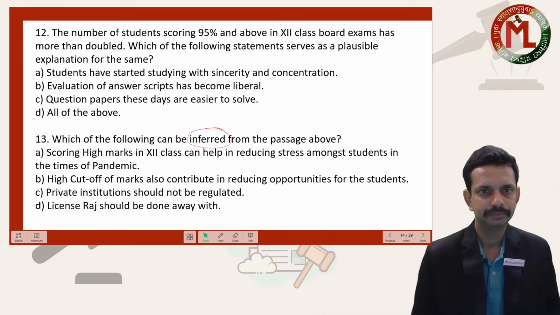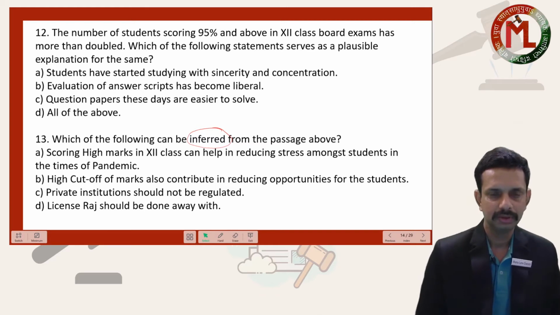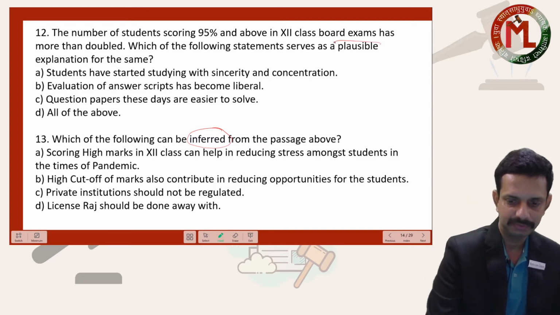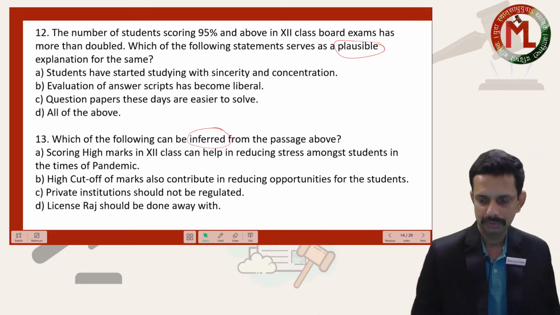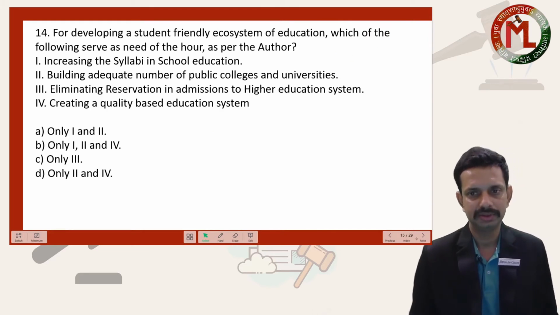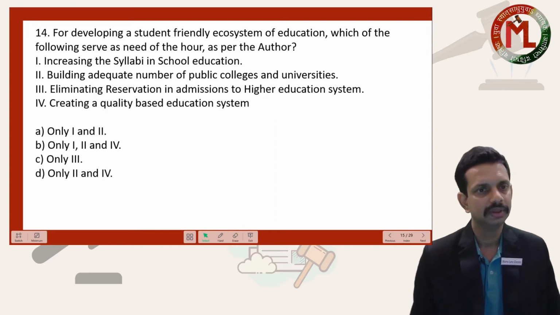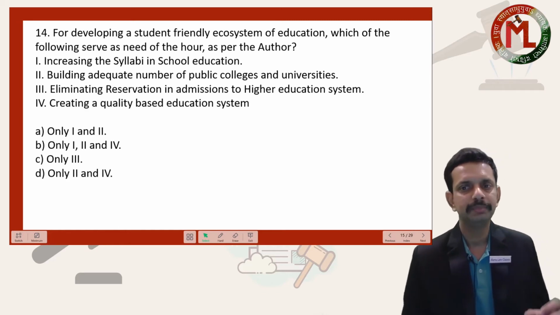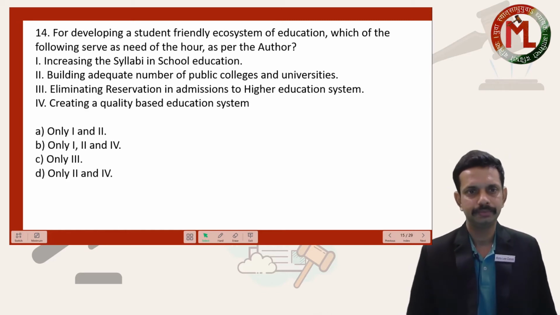Next one, plausible explanation. These words are key words, very important words. The last one, as usual, is based on your basic comprehension skill.